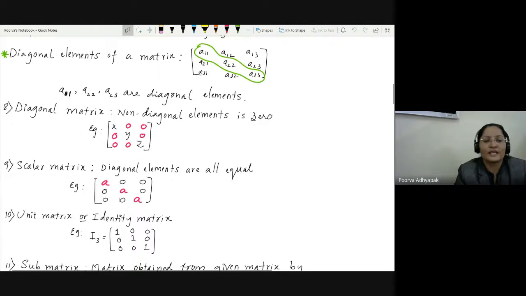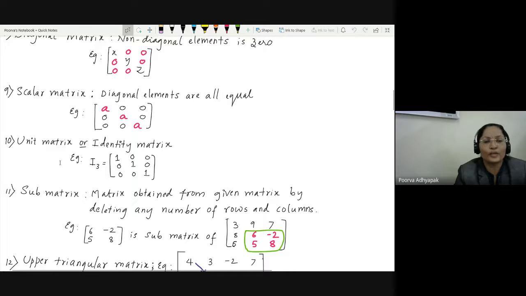The next one is scalar matrix. A scalar matrix is that matrix in which diagonal elements are all equal and the rest of the elements are 0. That is called scalar matrix. The next one is unit matrix or identity matrix. The name itself indicates unit means 1. So diagonal elements will be 1, whereas the rest of the upper and lower triangular elements are 0.